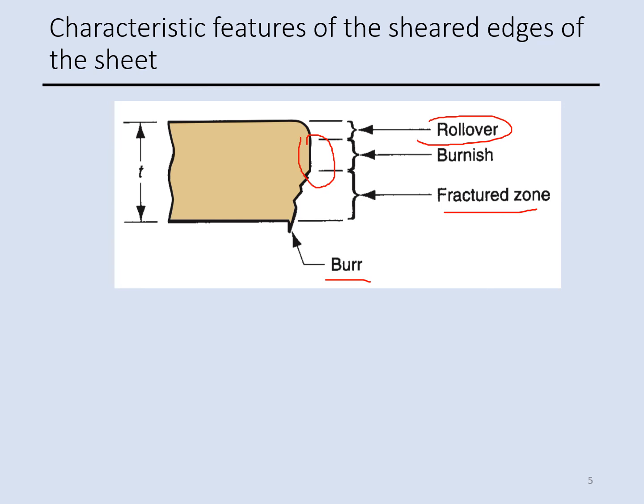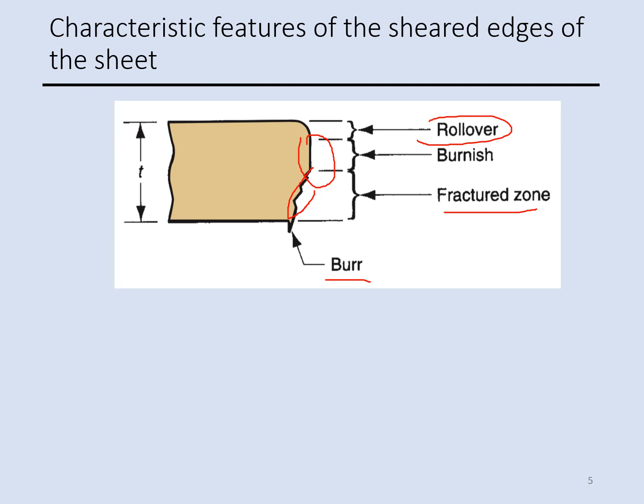And the third feature is called fracture zone. This area, which is a rough surface, is due to the continued downward movement of the punch.